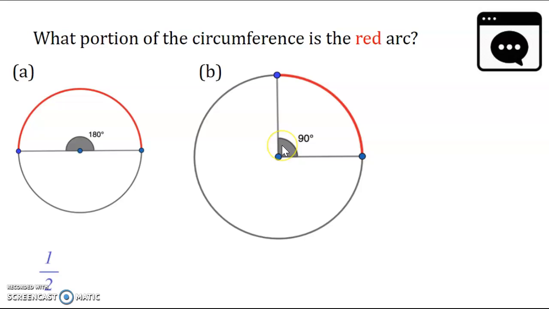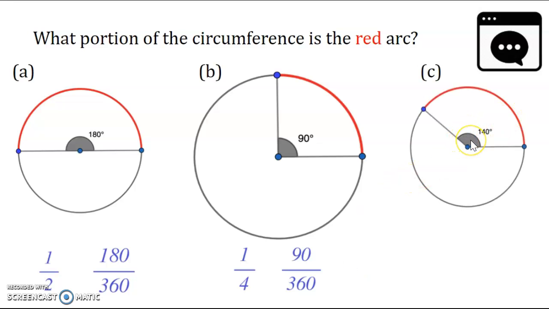What about this? If you're told it's 90 degrees, what portion of the whole circle's circumference do we have? 90 is a quarter of 360 degrees, so we can say it's a quarter. Half is 180 divided by 360, and a quarter is 90 divided by 360.